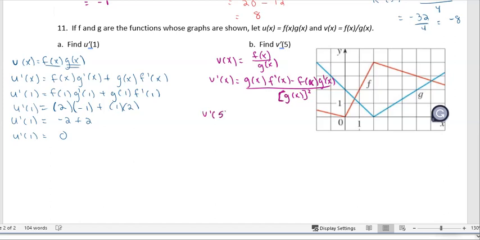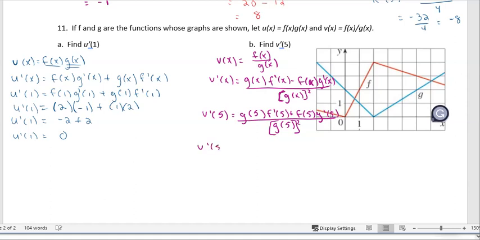So we need v prime of 5. That's going to look like g of 5 times f prime of 5 minus f of 5 times g prime of 5, all over g of 5 quantity squared.